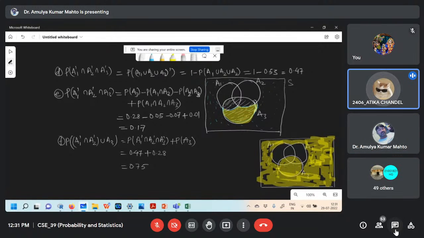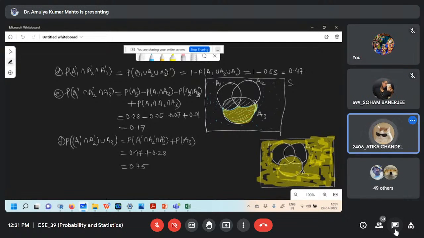Okay. We can also apply the formula of P(A union B), like we can consider A1 dash intersection A2 dash as A, and then A3 as B, and then we can use that formula that you gave. Yes, you can consider the shaded region in a different way also. Okay, sir. So one way is the one I have discussed. You may search for other ways also.